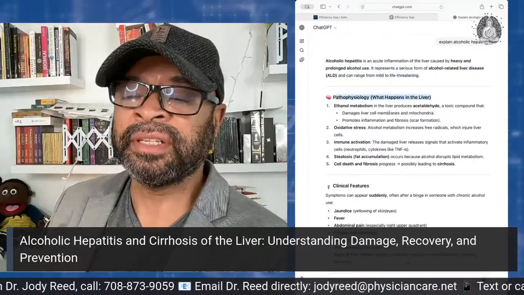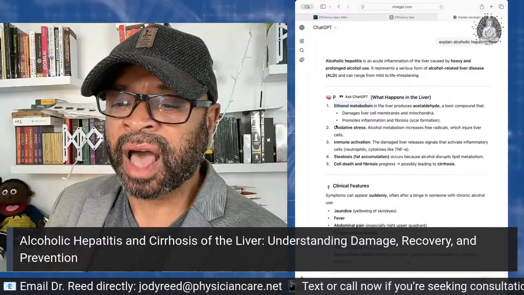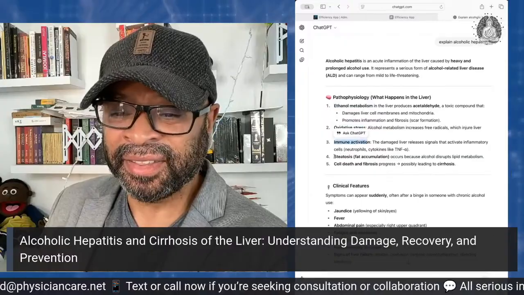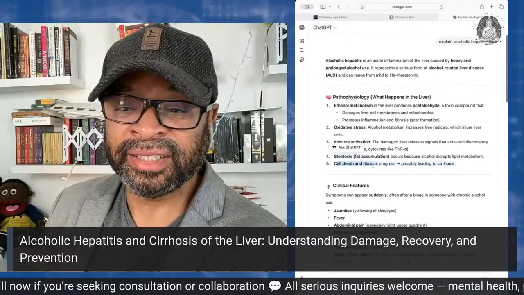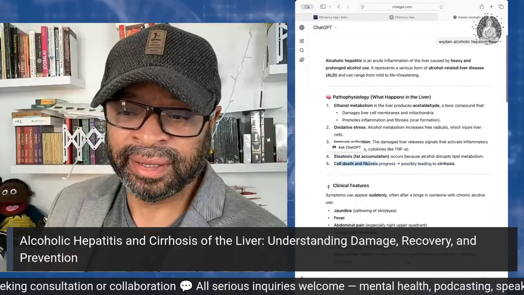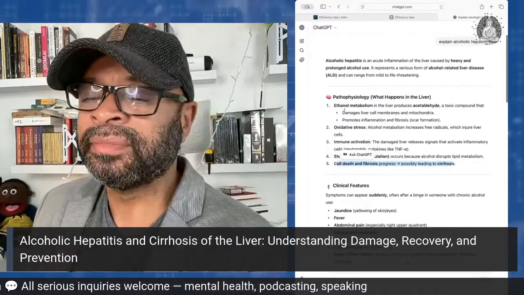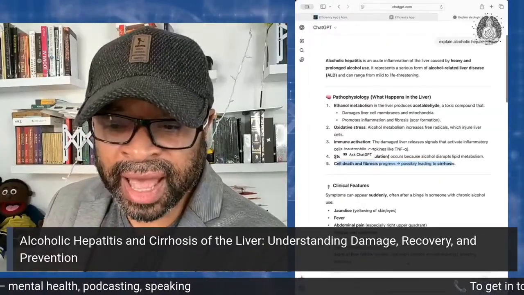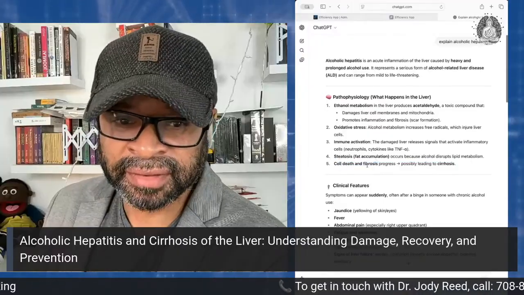Pathophysiology means what happens in the liver: the ethanol metabolism, the oxidative stress, the immune reaction, the fat accumulation, and then finally the cell death that leads to fibrosis, leading to cirrhosis.